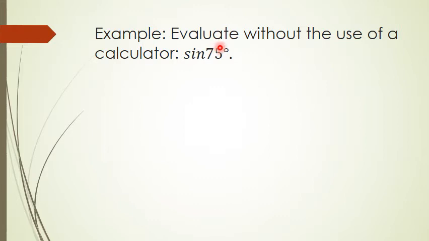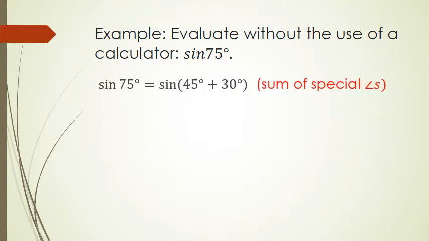But here we are looking specifically at 30, 45, and 60. Now, 75 degrees can be expressed as 45 degrees plus 30 degrees. Both of these are special angles. So we have expressed 75 degrees as the sum of two special angles.